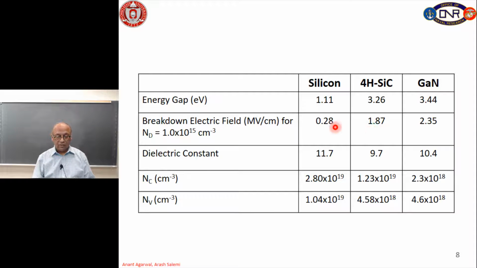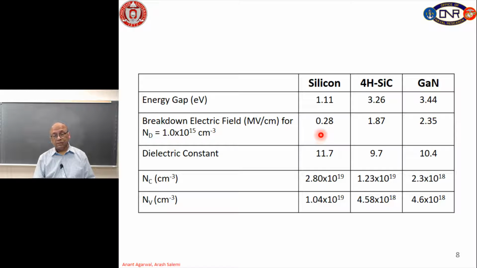So, generally electric field is a function of doping on the lightly doped junction side. In this case we have quoted the numbers for doping of the n side being 10 to the 15, which is fairly low doping. And we will find that as we increase the doping, actually the critical electric field goes up.